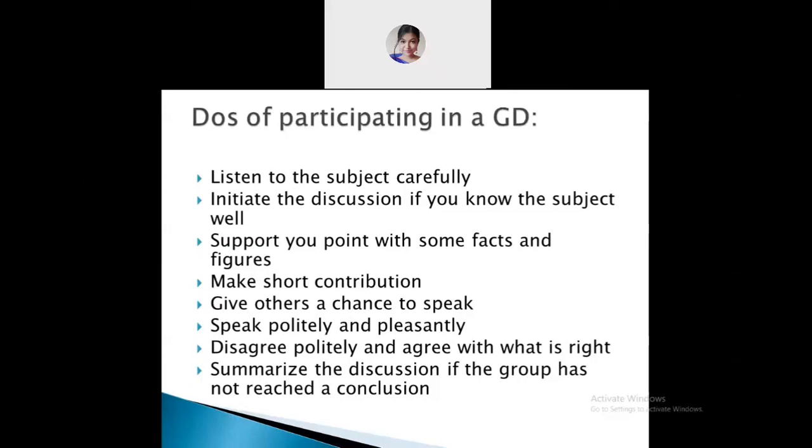When the other participants provide their opinion, you get time to think about what you want to say next and organize your thoughts and provide your opinion after that. That is why you get time here in group discussion, because everyone gets equal opportunity. You are not the only person who has to speak.